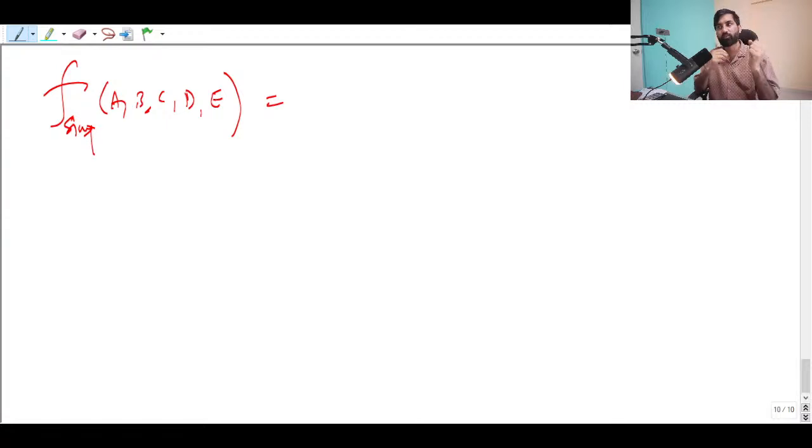So A equal to 0 means A bar, BD bar. A bar, BD bar. Now you might think, sir, A bar, BD bar, okay.